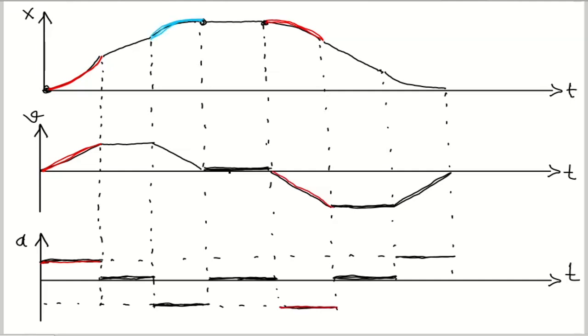The next is slowing down to the positive direction, and now slowing down to the negative direction. Corresponding velocity and acceleration lines of this motion are also shown accordingly.